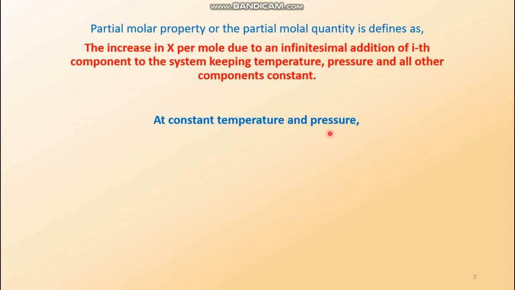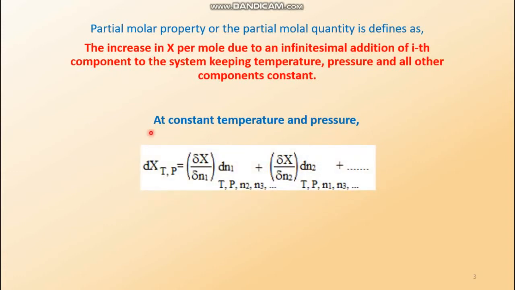Now we already have the mathematical expression of dX, and from that expression, if temperature and pressure are kept constant, then the first term and the second term of the right hand side of that equation become 0, and we continue from the third term. That means if temperature and pressure remain constant, that means dX at constant T, P. Look at the right hand side, the first term and the second term have vanished, whereas it starts from the third term.